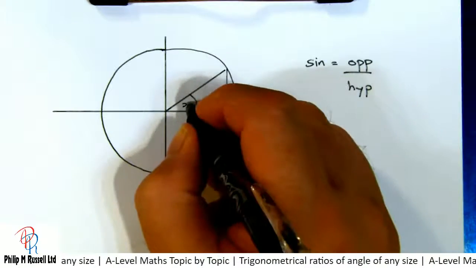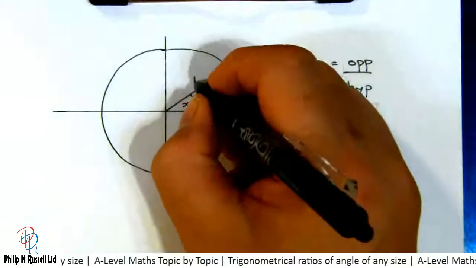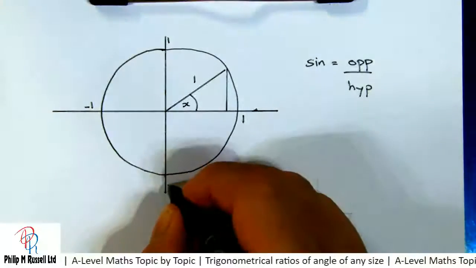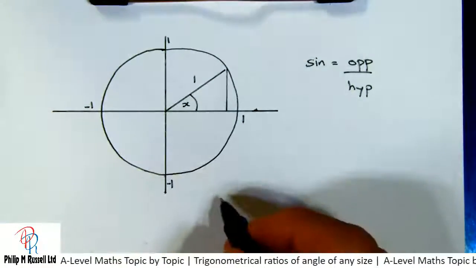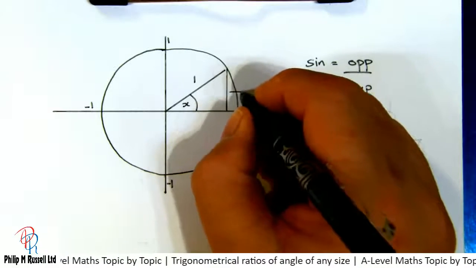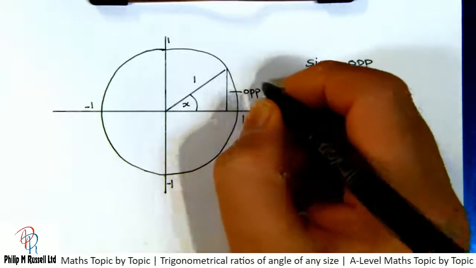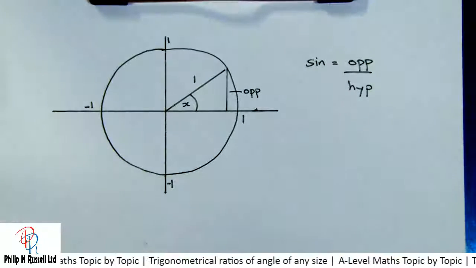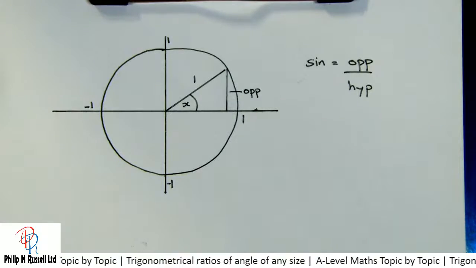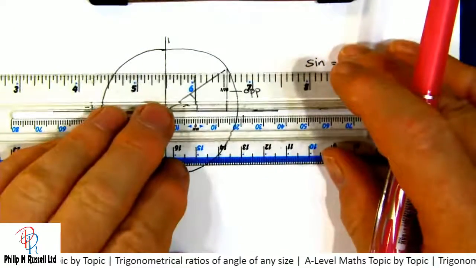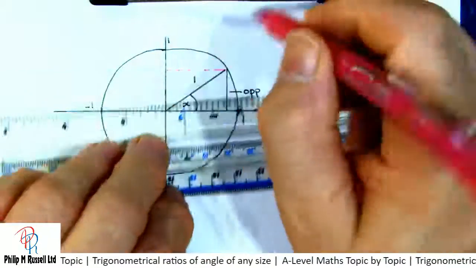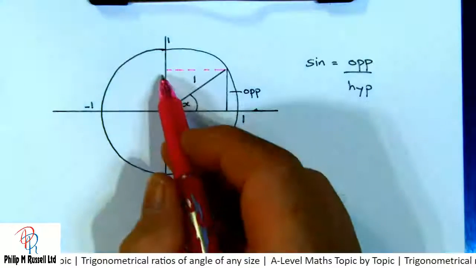We know for the sine of this angle, the hypotenuse is going to be 1 because we've got a unit circle, which aids the definitions of this, and this side here is my opposite. And I see what this is by simply looking at how it's moving up and down against this line.